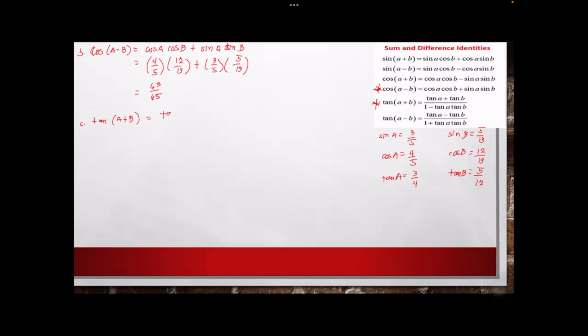So, this will be equal to tan A plus tan B all over 1 minus tan A tan B. Kunin lang natin, so tan B ay 5 over 12. This will be equal to, simplify lang muna natin yung nasa taas.